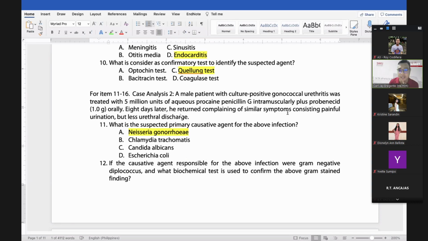It's a male patient with culture-positive gonococcal urethritis. I hope you're writing, class, while I'm discussing because some of this may come out during your P2 exam.